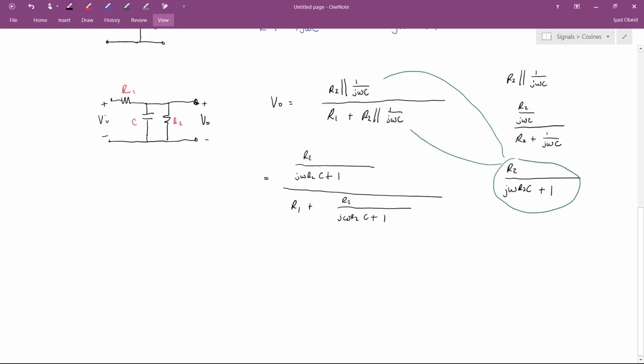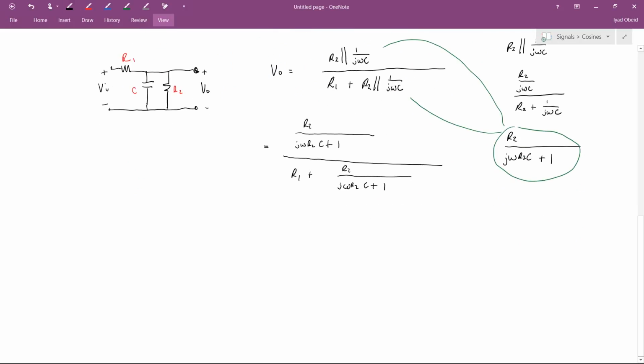And that is ugly, so I'm going to multiply numerator and denominator by j omega R2 c plus 1. And that's going to give me R2 over j omega R1 R2 c plus R1 plus R2.